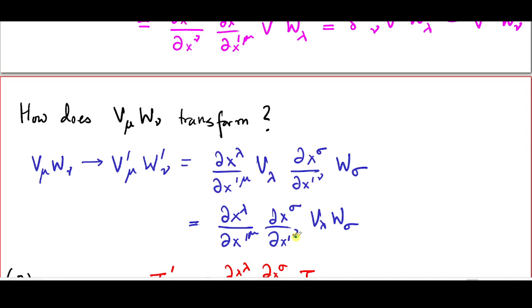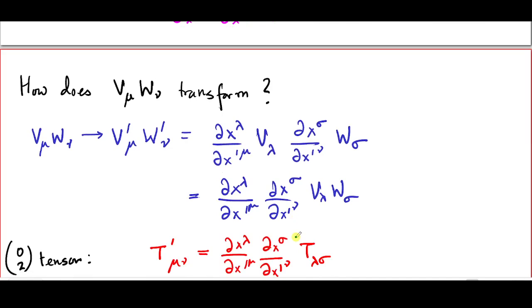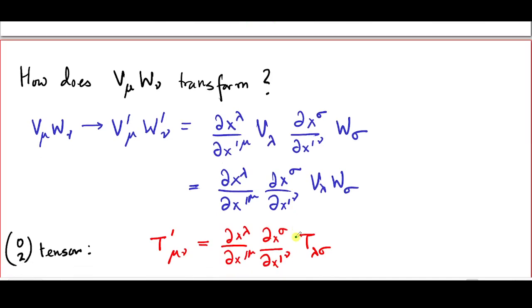Now this is exactly the way in which a 0-2 tensor is going to transform. A 0-2 tensor in general will have two indices mu and nu, and when you do a coordinate transformation, T prime mu nu will be connected to T lambda sigma. Note the similarity with these coefficients. This is of course a single number formed by multiplying two numbers.